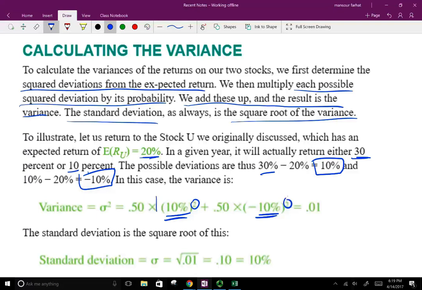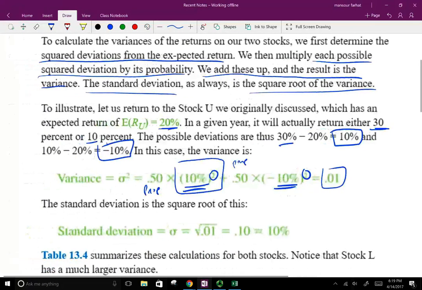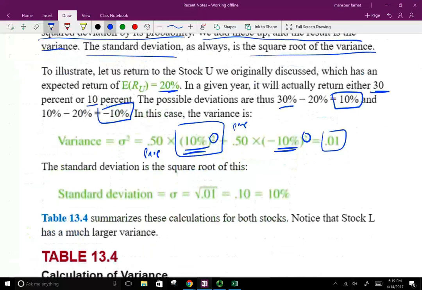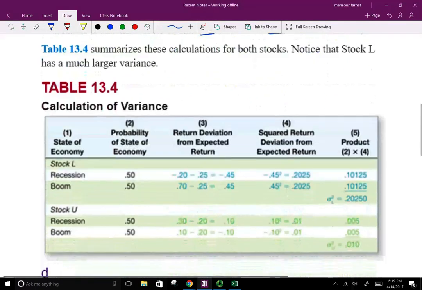Then we take the squared deviation multiplied by the probability, just following the instructions. The variance is 0.01. So the standard deviation is the square root of the variance, which equals 10%. So the standard deviation of stock U is 10%. Again, we could do the standard deviation for stock L.